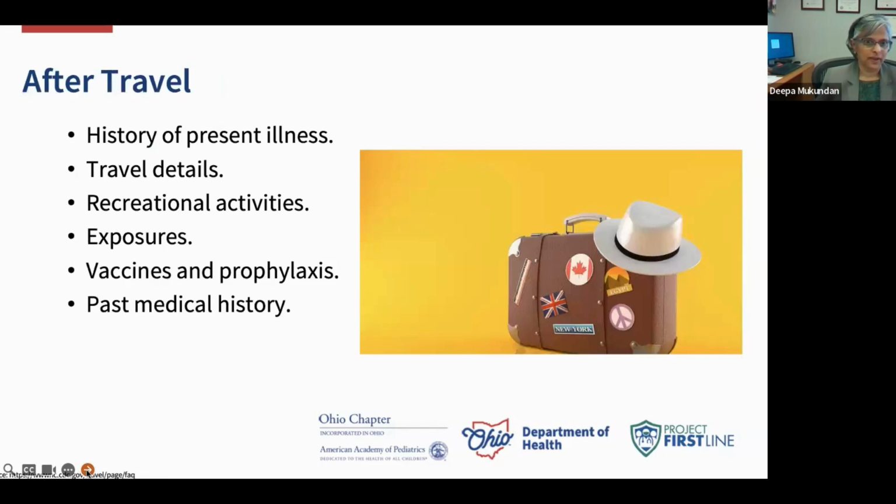After travel, depending on your exposures, if you have an illness within say 2 to 4 weeks after you return, it's highly likely, in addition to the common infections and illnesses that you could have from your community, you may have brought in something from your travels.